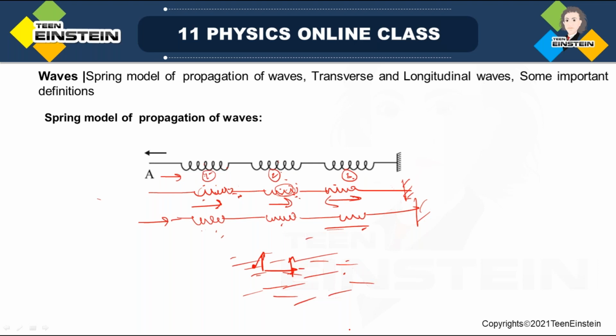So through this compression and stretch, we can understand how a wave propagates in a practical medium, using the spring model. We have understood that now with the spring model.